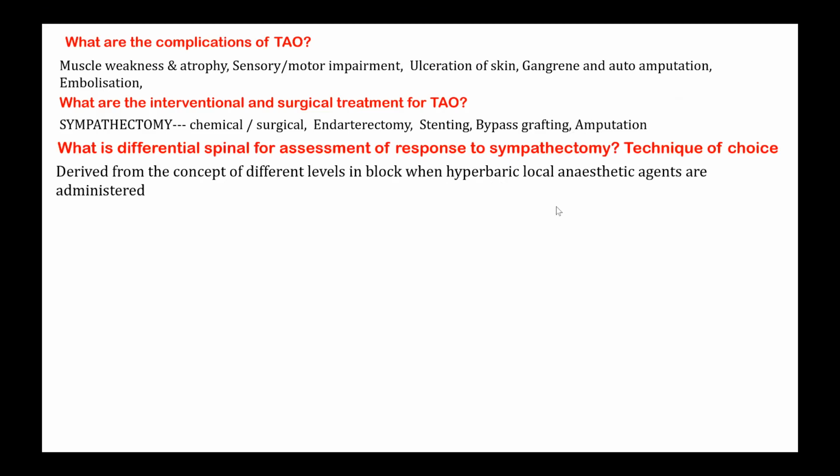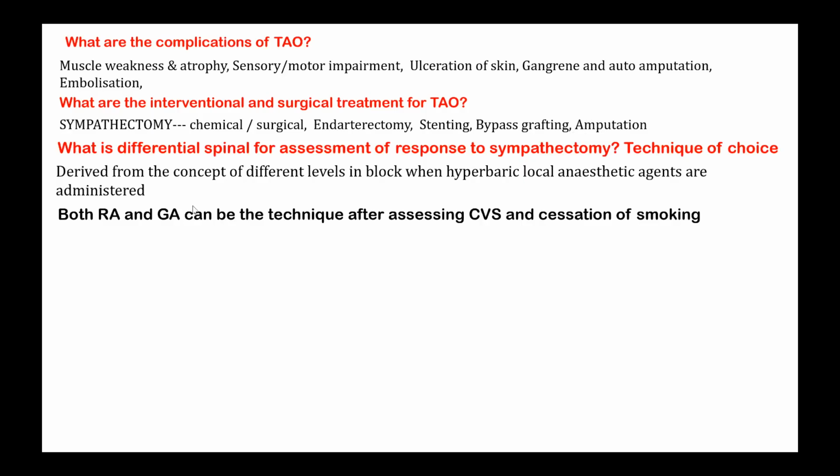Hyperbaric local anesthetics are administered, so we can inject a very low concentration of local anesthetic in the subarachnoid space and measure the skin temperature before and after the block. And both GA and RA can be a technique after assessing the severity and cessation of smoking. These are the two things that we take into account when we are planning for GA.